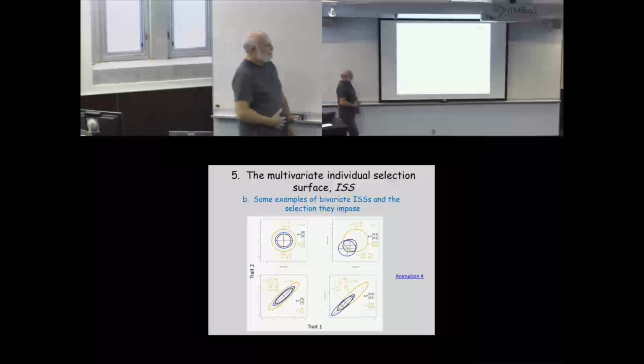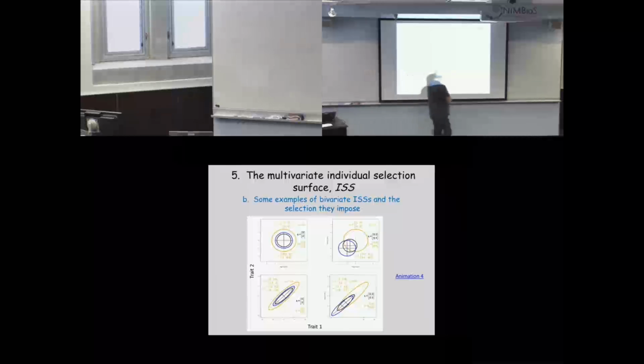Here are now some examples, this shows you my conventions. Here we've got, this is a little easier to see, this one. Here's a bivariate trait distribution before selection, and I'm showing you the 95% confidence ellipse. And you can see, where's P? I guess I don't show P here. But in any case, there's no phenotypic correlation, hence it's round, and the 2 traits apparently have the same variance.